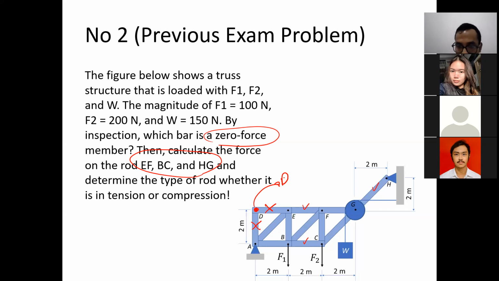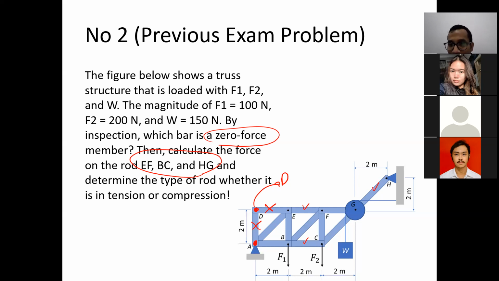If that's already been done, we don't have to see what is happening at the other joint. So the determination of a zero force member can be done from only one side of the joint.